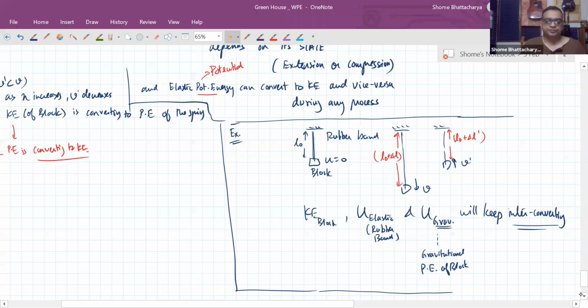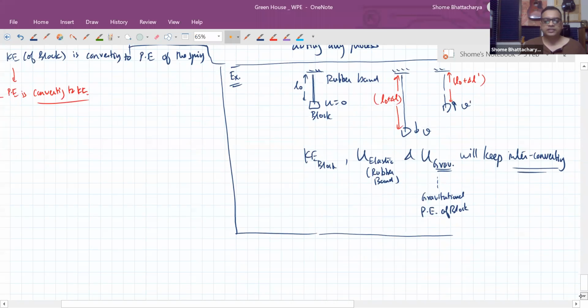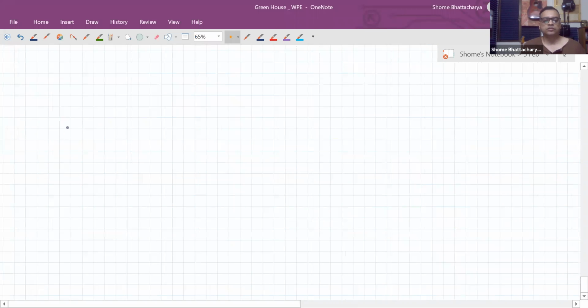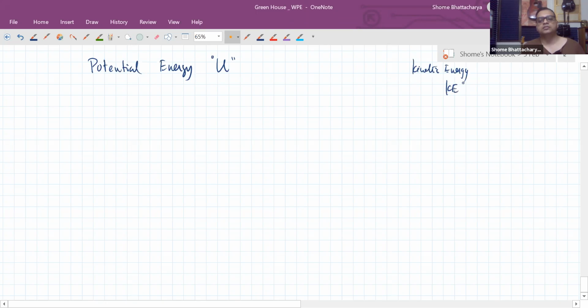So as far as the concept of potential energy goes, we generally denote potential energy with the symbol capital U, just like we denote kinetic energy generally with the symbol KE.